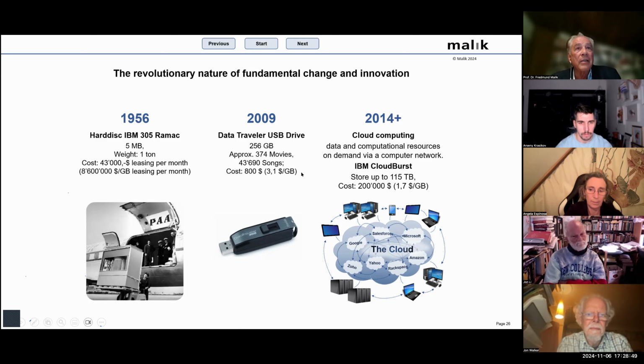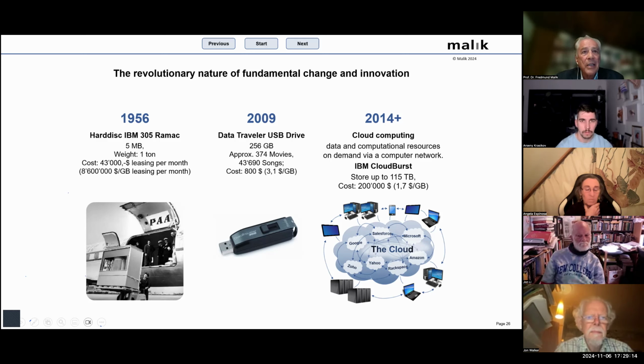And of course, we are now 10 years older and wiser, and so on. Cloud computing, data and computational resources on demand via a computer network. For instance, the IBM Cloudburst stores up to 115 terabytes and costs $200,000, etc.